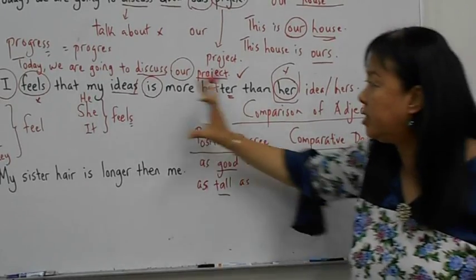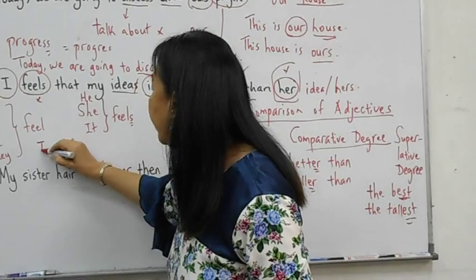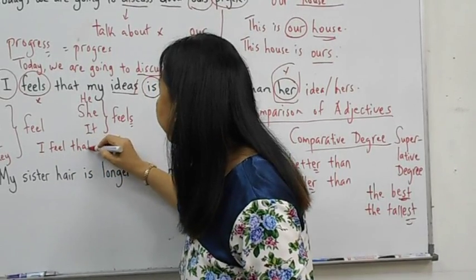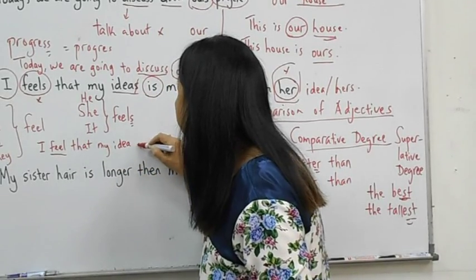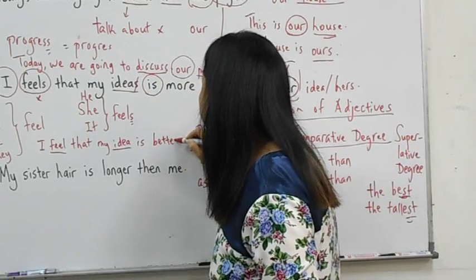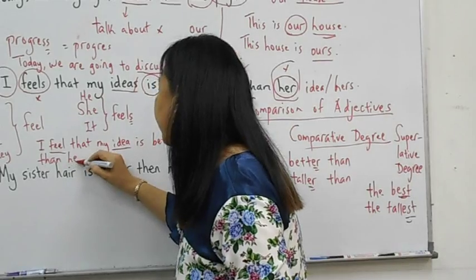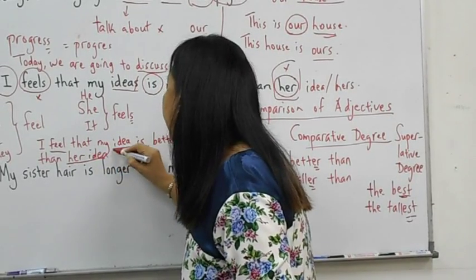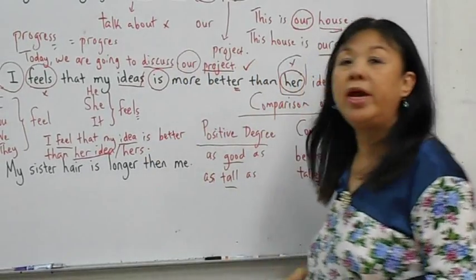So the correct sentence for this number 2 should be, I feel that my idea is better than her idea, or better than hers. That should be the way.